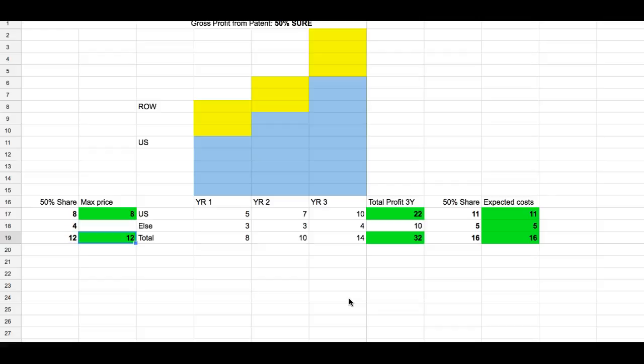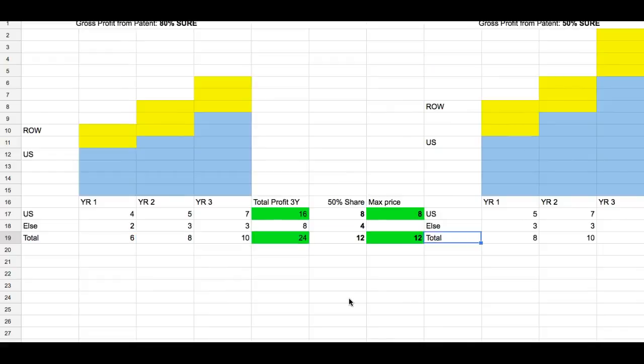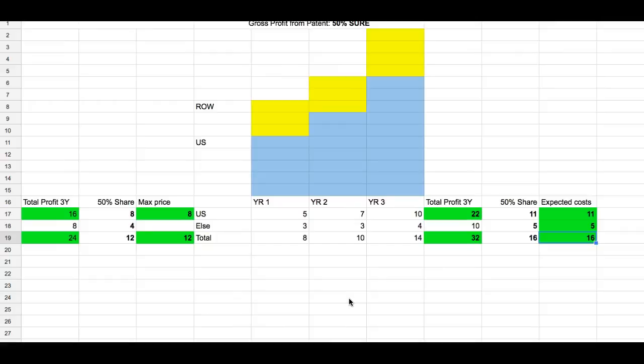So if I say I'm going to buy this for 12 million, that would be the same as the 80% interval. But if my expectations come true, then I will actually pay 16 million, right?